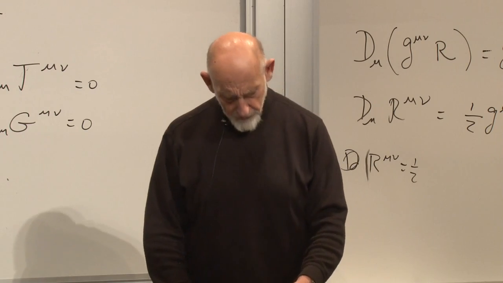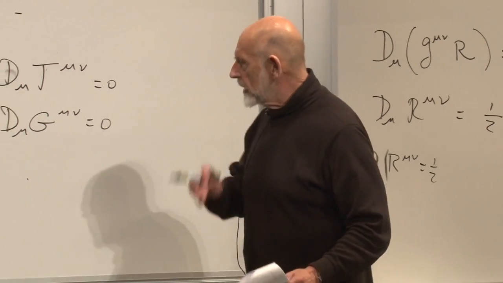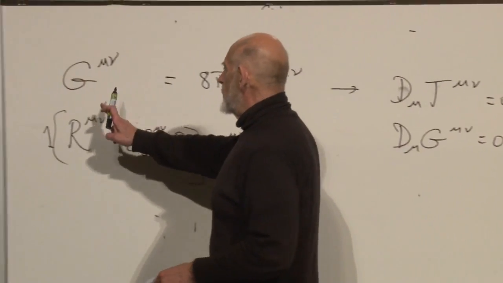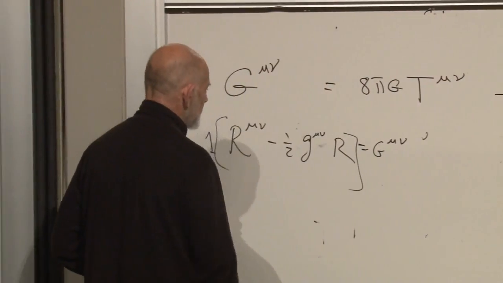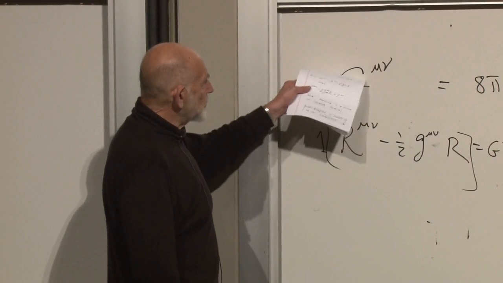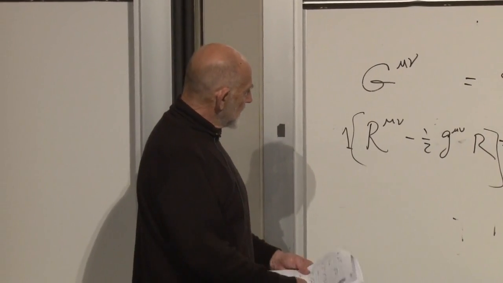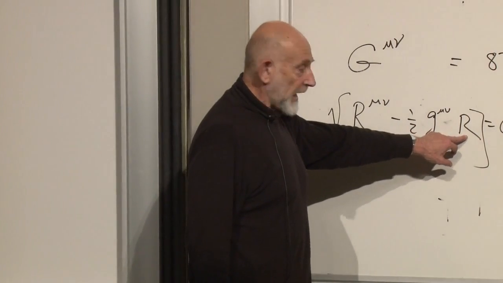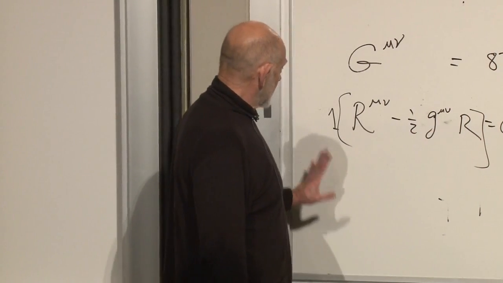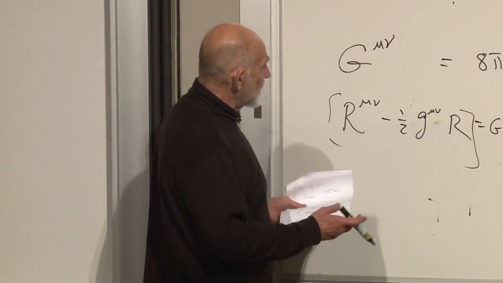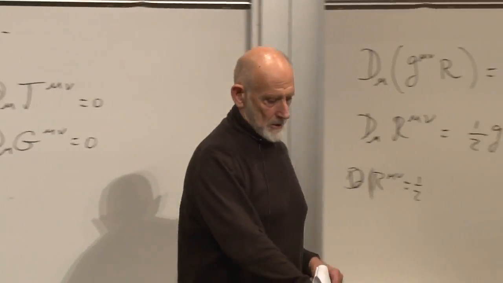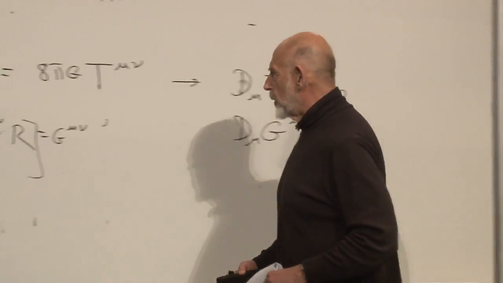I don't know how many weeks of work it took him to do all of this, but in the end, he discovered capital G mu nu equals R mu nu minus 1/2 g mu nu R. This is called the Einstein tensor. This is the Ricci tensor, and this is the curvature scalar. So this is now known as Einstein's field equations, and they do reproduce Newton in the appropriate limit.